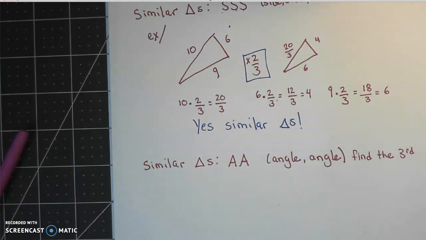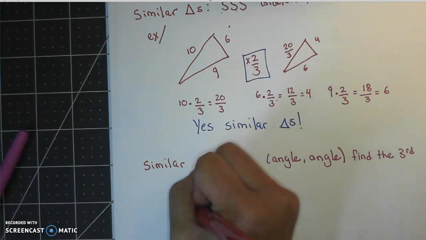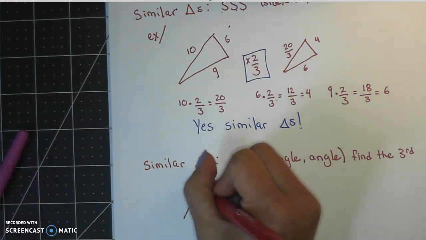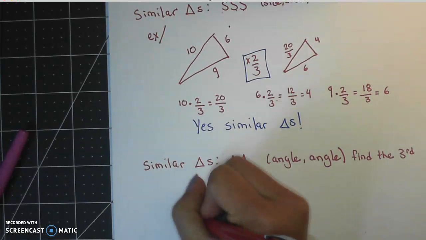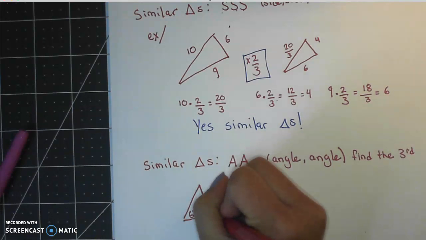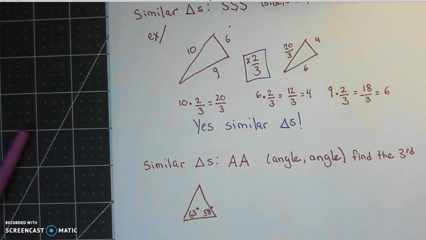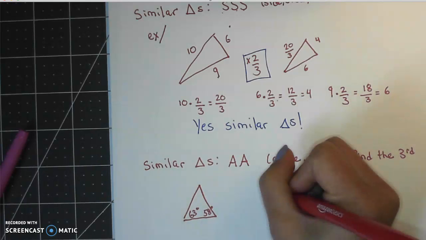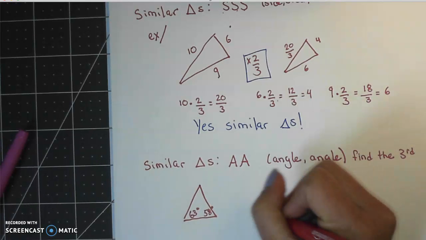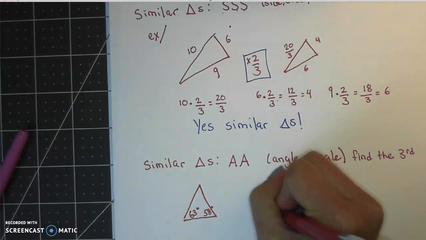So, here is my example. I have this triangle. Ignore my angles, they're not going to be perfect. I have 63 degrees here, and I have 58 degrees here. And I want to know if this triangle is similar to this triangle, which has 58 and 59.